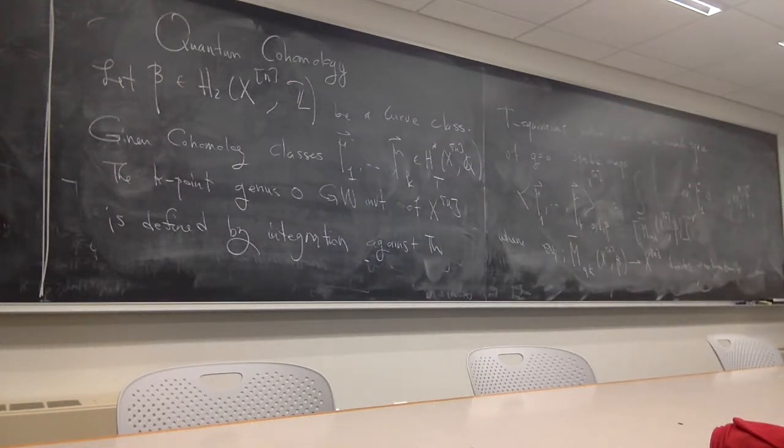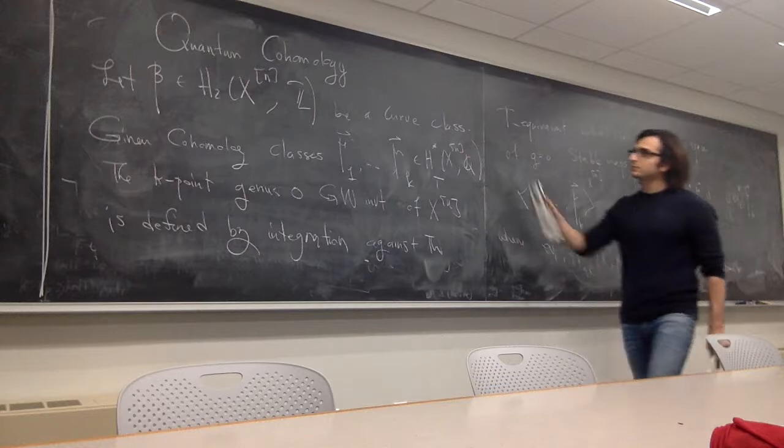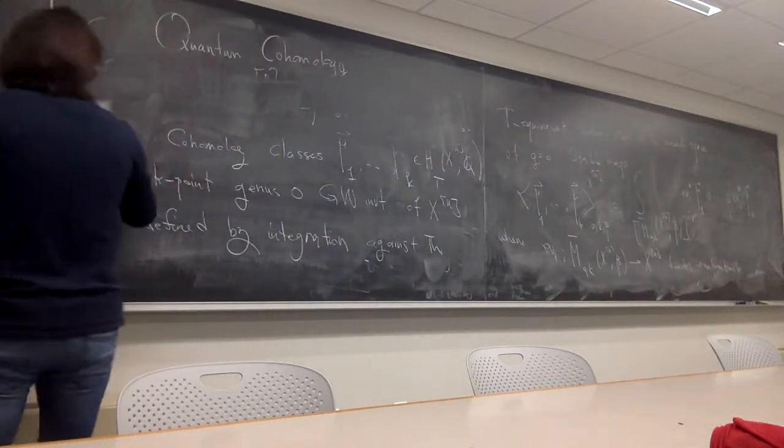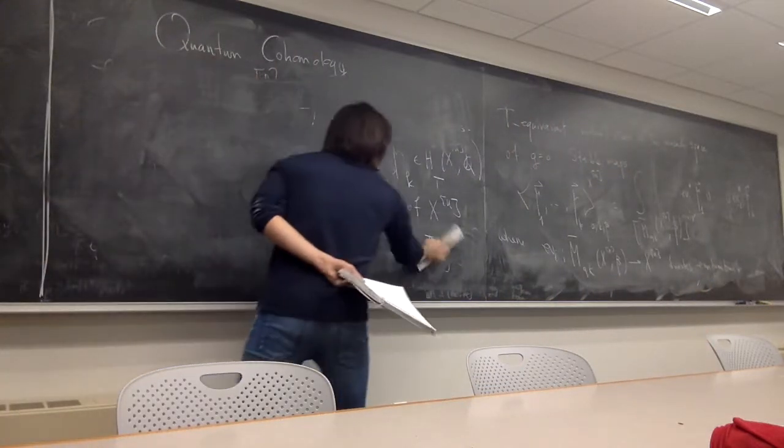Different marked points are basically being matched with different cycles inside X. So you have clusters of points, you have ideal sheaves on X, and the co-support of the ideal sheaf sits on the cycle which is dual to this cohomology class. K marked points.